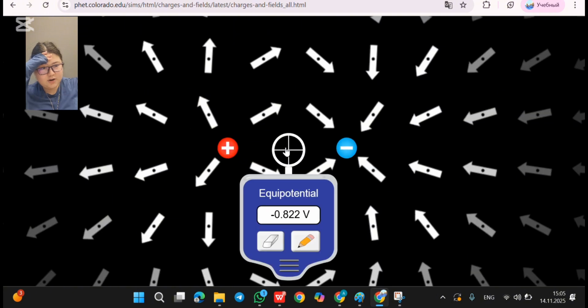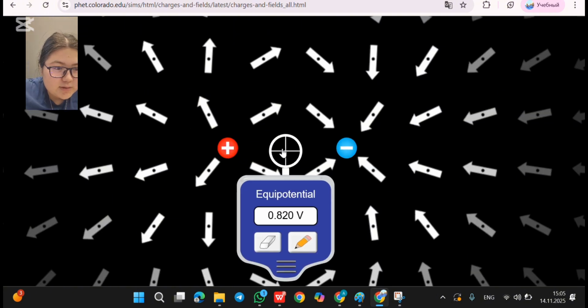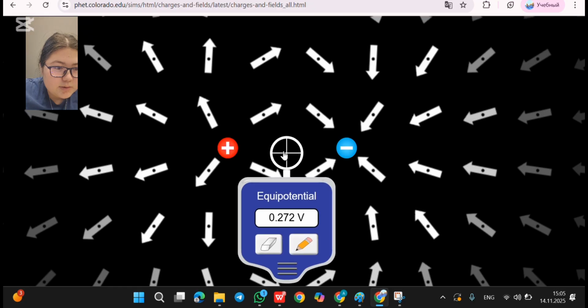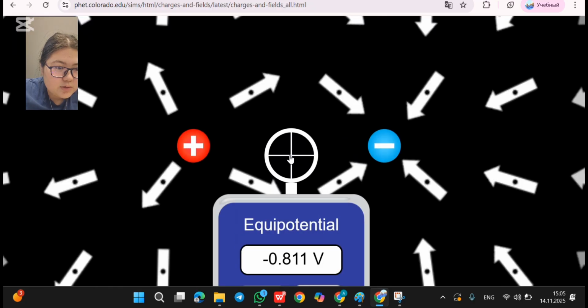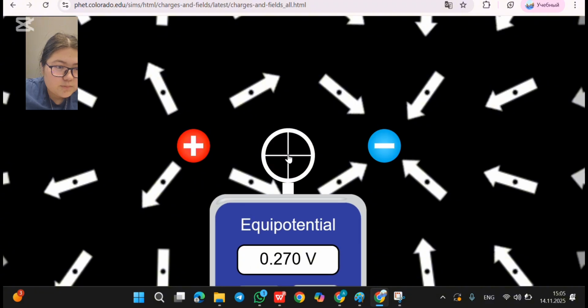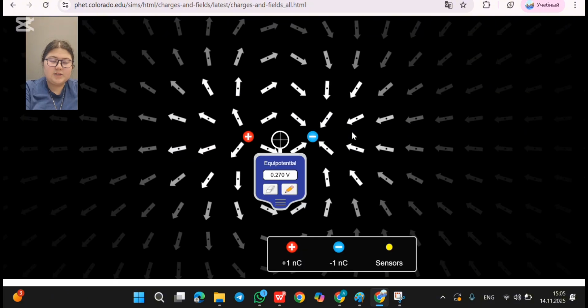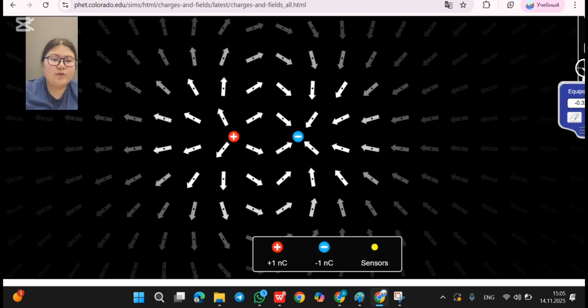It's very hard for me to find the middle point here, but it's approximately somewhere here. It's very hard to find it, but it's gonna be 0, and you can see it's almost in the middle. So here the electric fields will be equal to 0 because they're opposite to each other. They cancel out each other, the positive and the negative one.